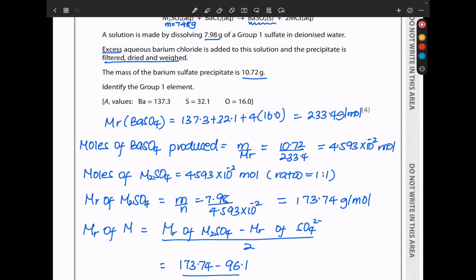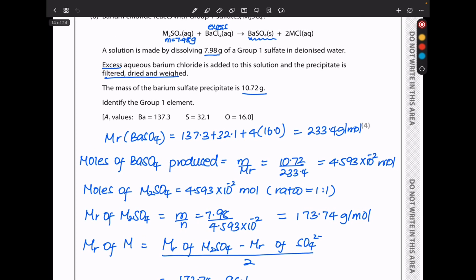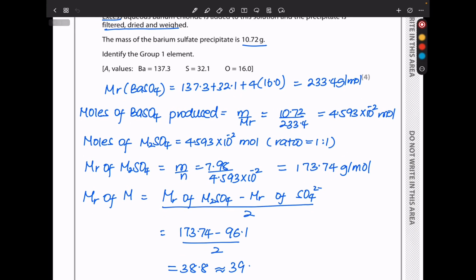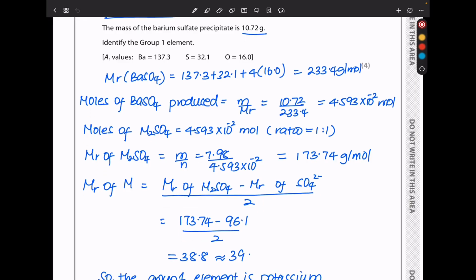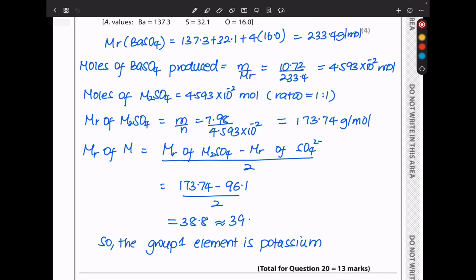So to find out the component of M, it's going to be the molar mass of this minus the part of sulfate, divided by 2, because whatever remains will be equivalent to 2M, so I have to divide by 2 to get the equivalent of M. So this is going to be 173.74 minus the part of sulfate, which is 96.1, divided by 2, and this gave me 38.8, which is approximately 39. And so the group 1 element is going to be potassium.